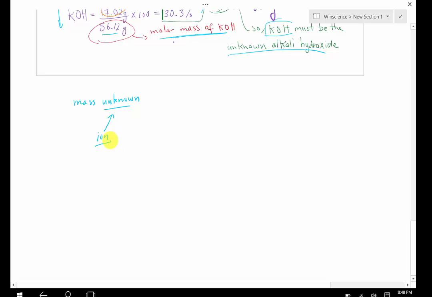And these ions that we know, in this case OH minus, will combine with other ions to form a precipitate that we can collect, dry, and weigh. So we're going to get the mass of precipitate.